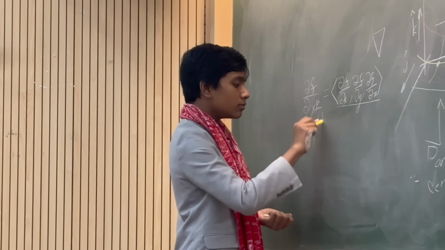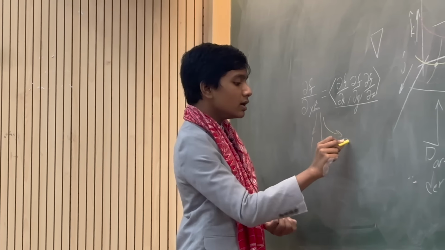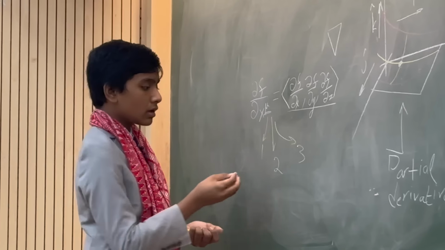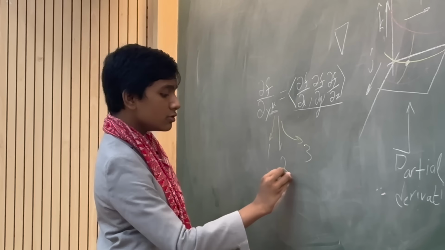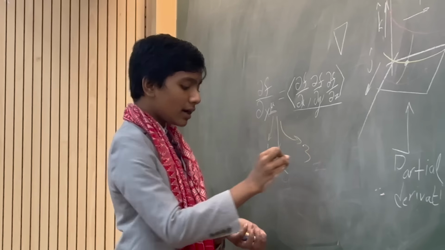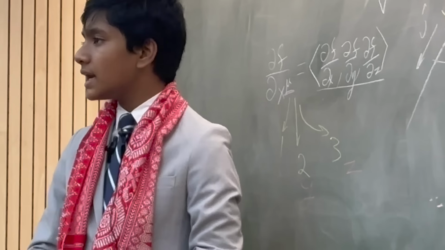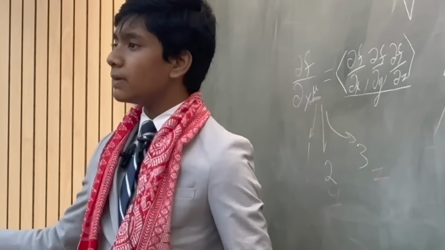Mu could be 1, mu could be 2, or it could be anything greater than that. Of course, traditionally, 1 is assigned to x, 2 is assigned to y, and 3 is assigned to z. But of course, the good thing about using numbers instead of letters is that you can go beyond that to as many dimensions as you like, or even 100. So that's what's so neat about mu.